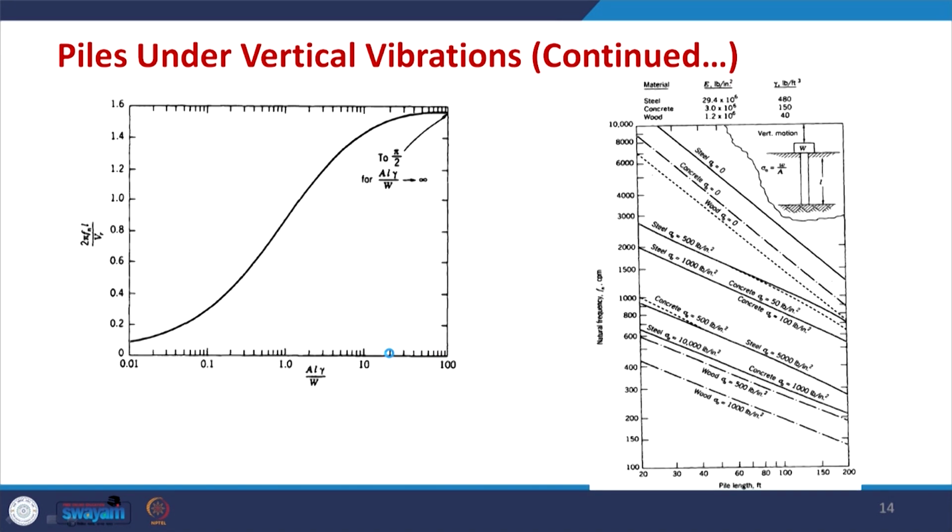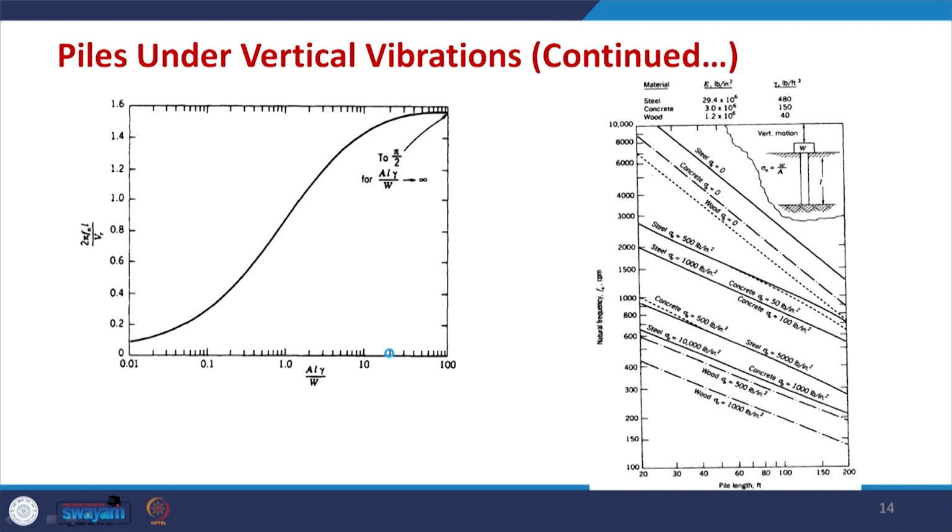On the x axis you have AL into gamma divided by W, while on the y axis you have the frequency ratio, that is 2 pi Fn, which is nothing but omega n, because omega n divided by 2 pi will be Fn.